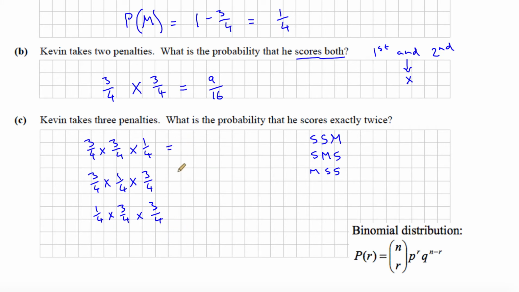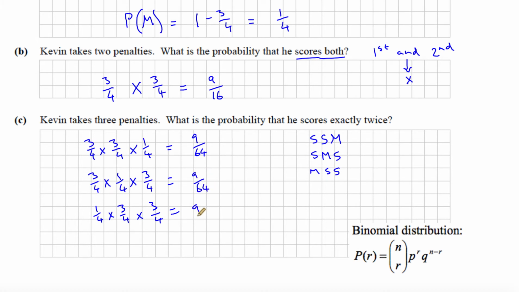So if we work each of these out, 3/4 by 3/4, that's 9/16 by 1/4. 9/16 by 1/4 gives us 9/64. This here is going to give us the same. It's the same fractions in a different order being multiplied.